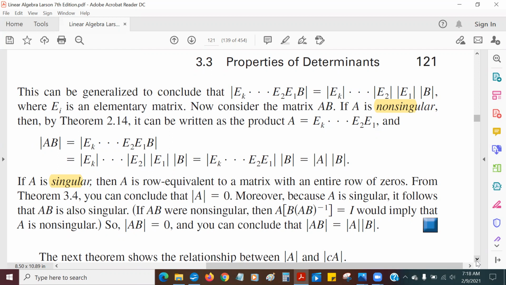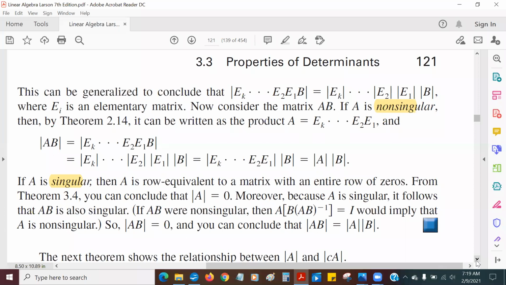And now I don't need any fancy theorems to tell me that if I have an entire row of zeros, then the determinant of A is zero. Why? Because when you take the determinant, you just go down that row. It doesn't matter what everything else is because you're multiplying everything by zero. That's basically what we get from theorem 3.4.